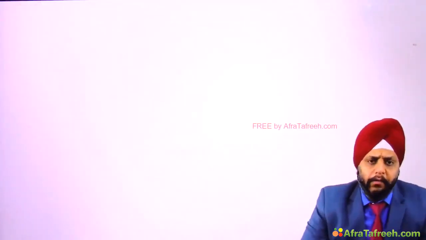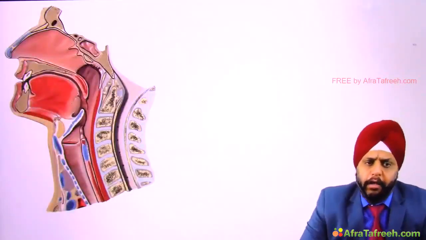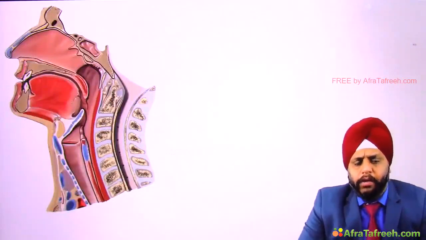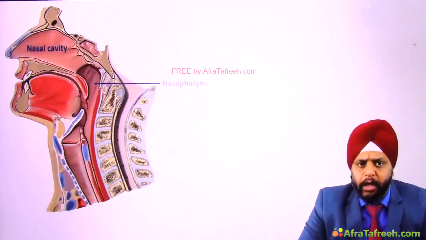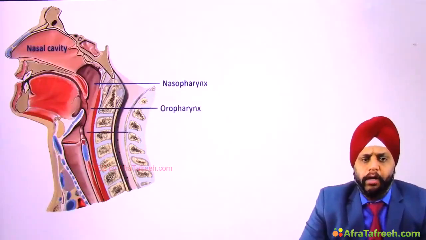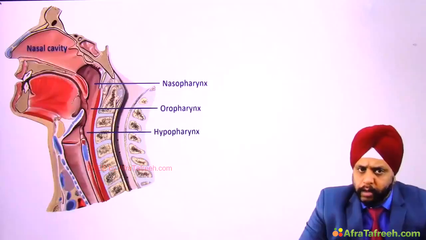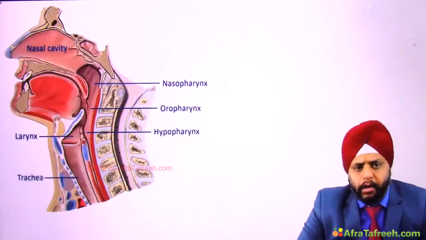Let us look at this diagram. This photograph we have already done in the pharynx. You can see the nasal cavity, and behind the nasal cavity we have the nasopharynx, the oropharynx, the hypopharynx. Then we have the larynx and the trachea.